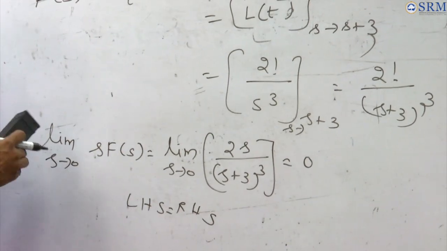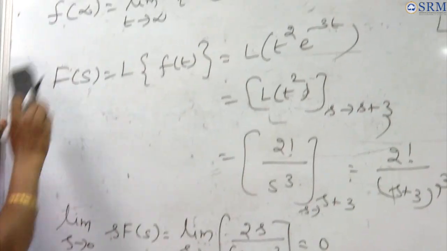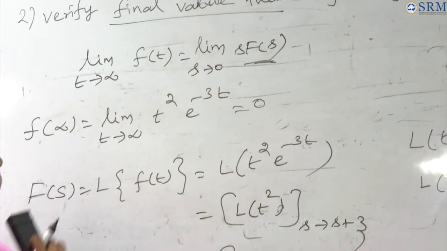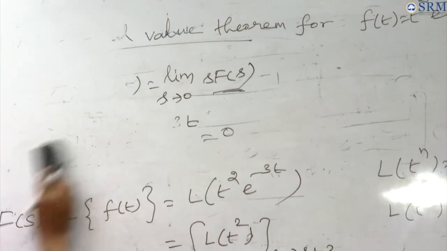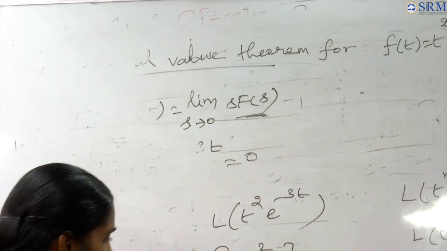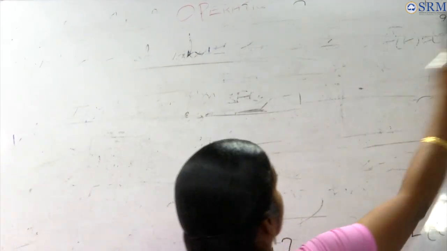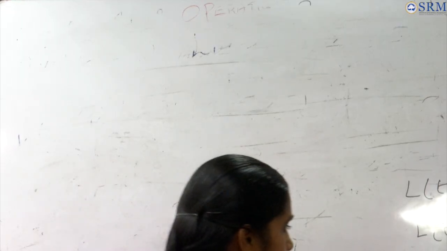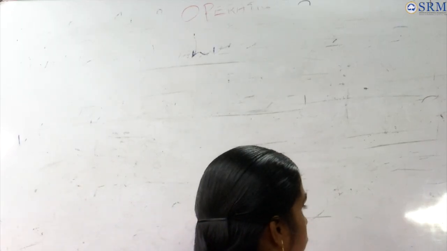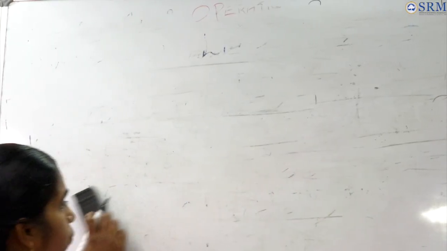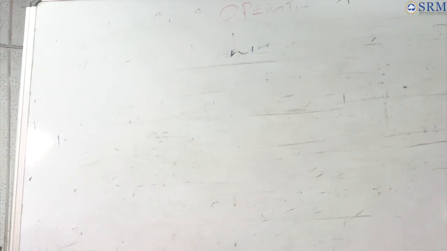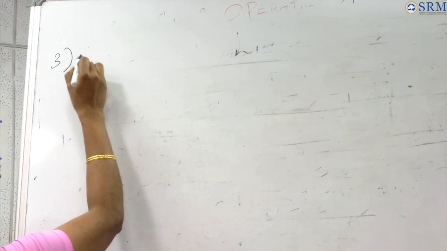The next question is also based on the initial value theorem. In the third question, verify the initial value theorem for the function f of t is equal to sin square t.